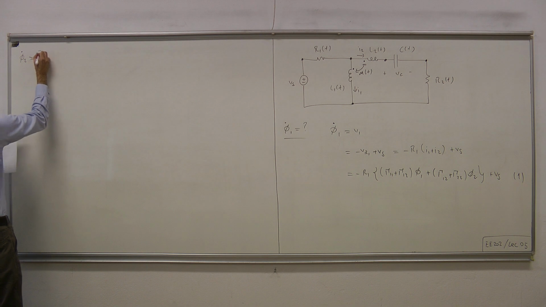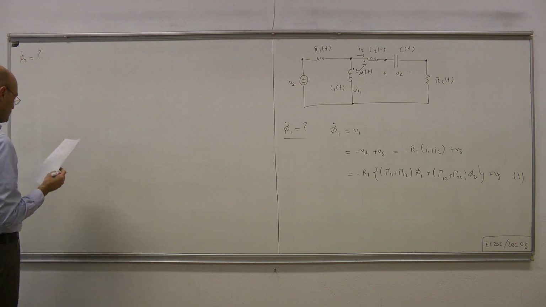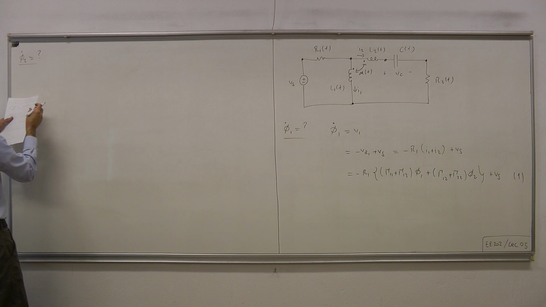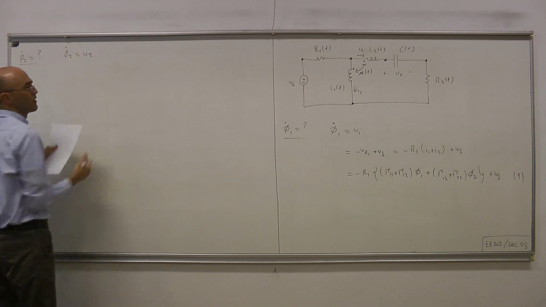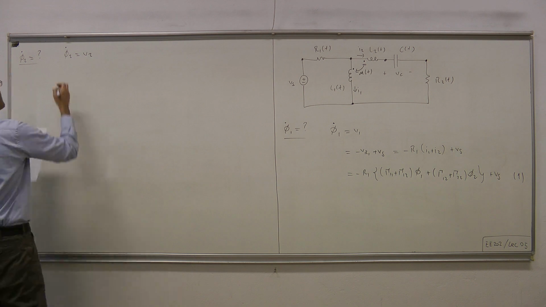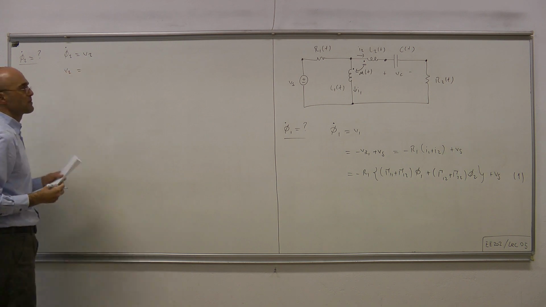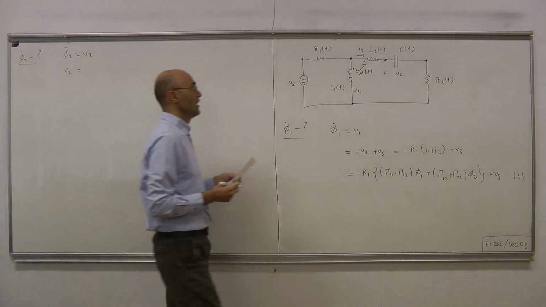Phi2 dot equals what? Okay, so what we have is phi2 dot equals V2 by Faraday's law, and V2 equals what?